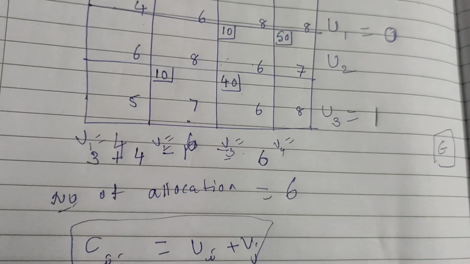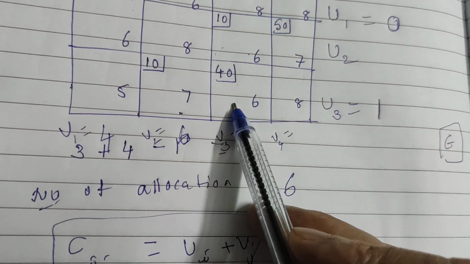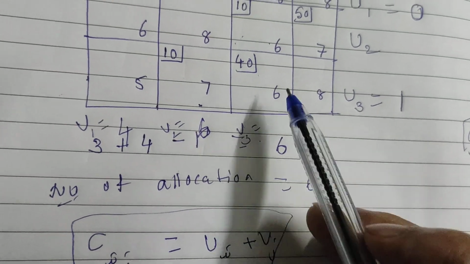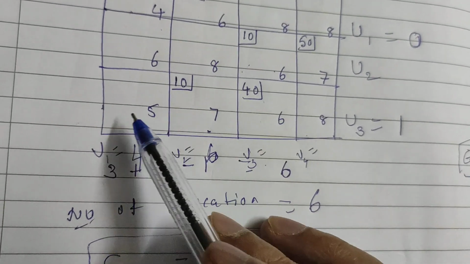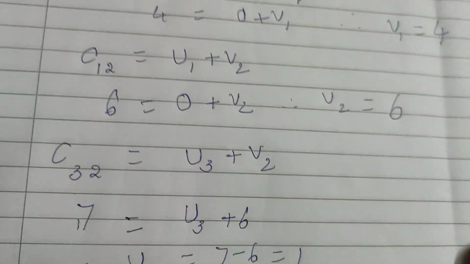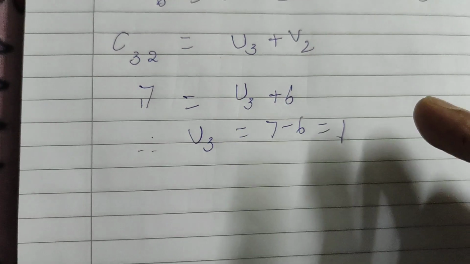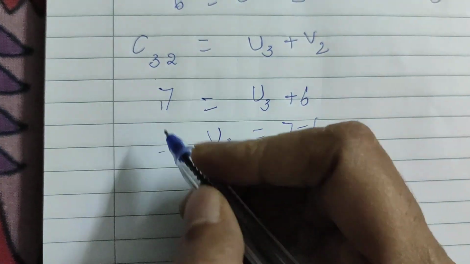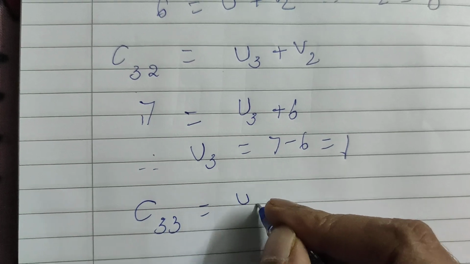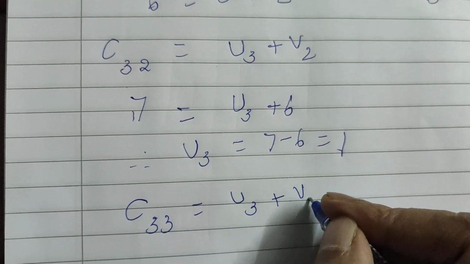Next I will go for this one, because I have the U3 value. Next I will find the V3 value. This is the third row, third column: C33. C33 is equal to U3 plus V3.